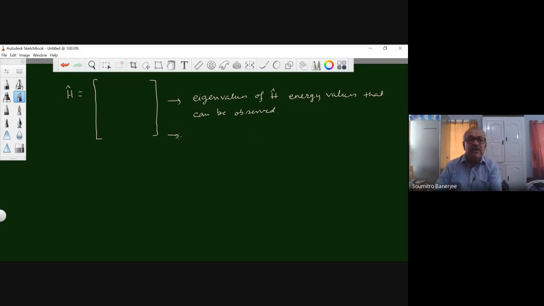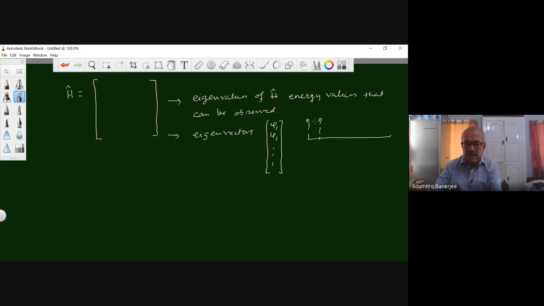The eigenvectors will come like vectors like this. This value, again, you think in terms of the position coordinate. This is the value here, this is the value here, and so on and so forth.